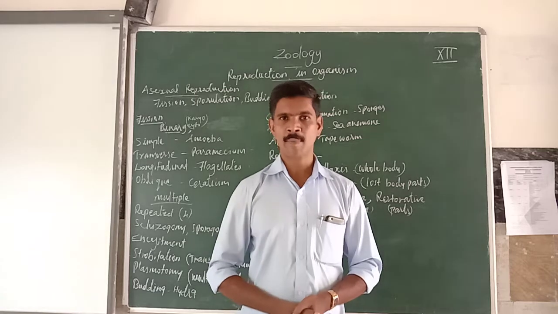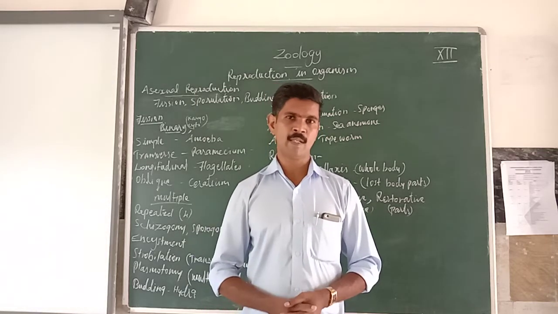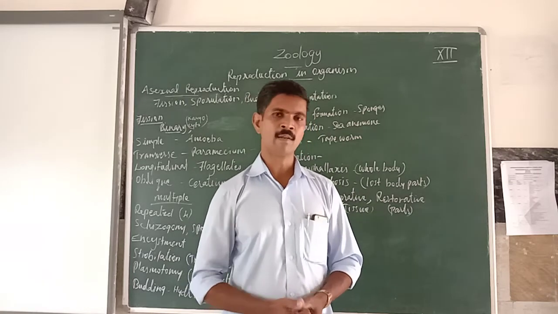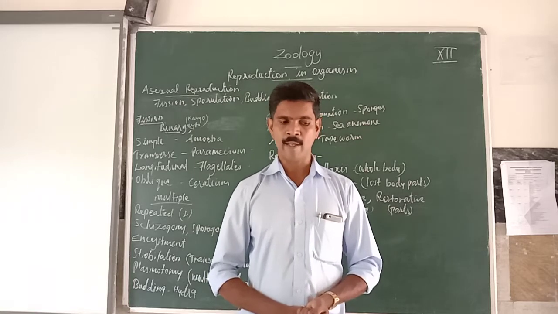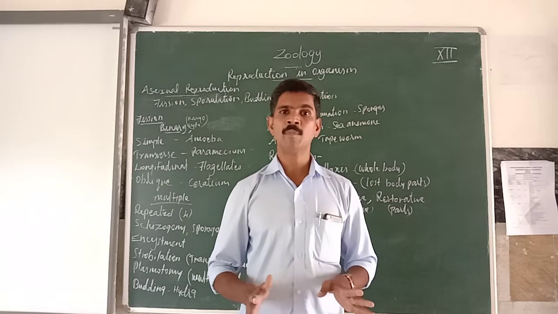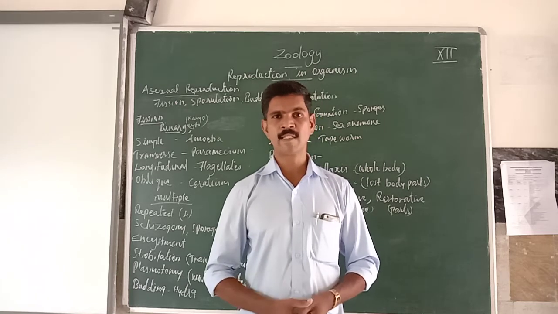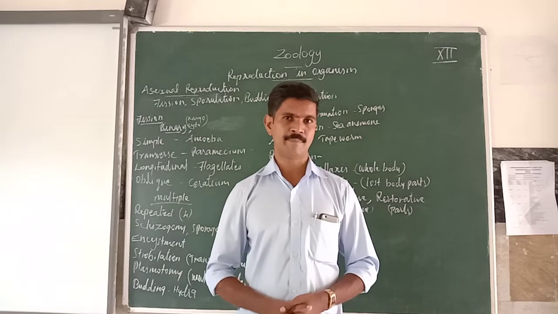We cannot find any difference in the young ones; they are almost identical to the parent. And here there is no involvement of gametes. Gametes means sex cells. So in asexual reproduction there is no room for gametes.